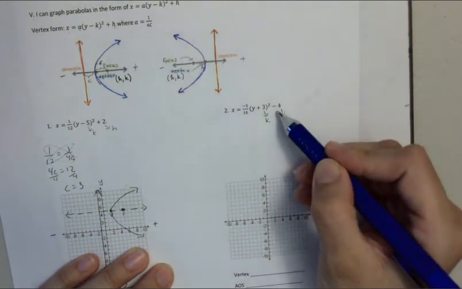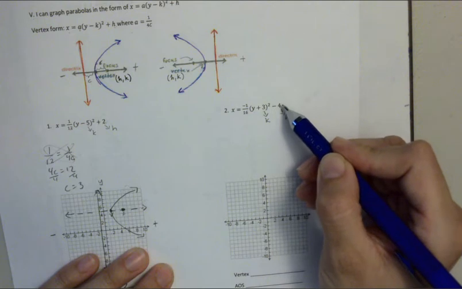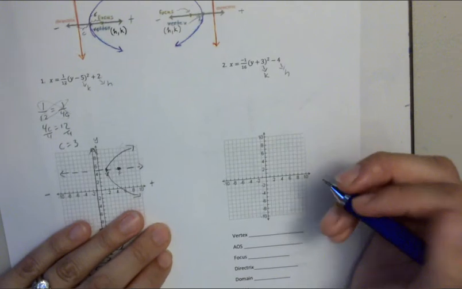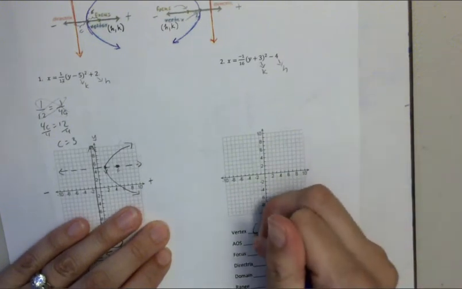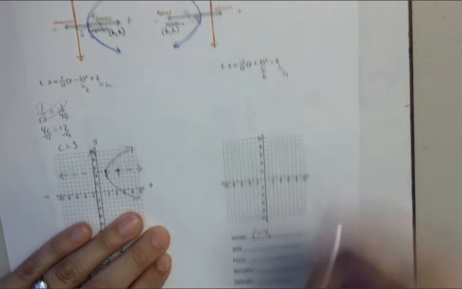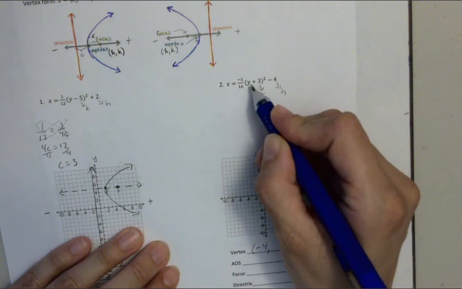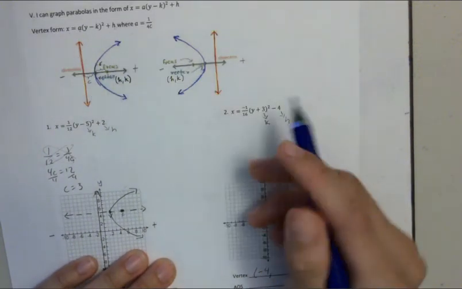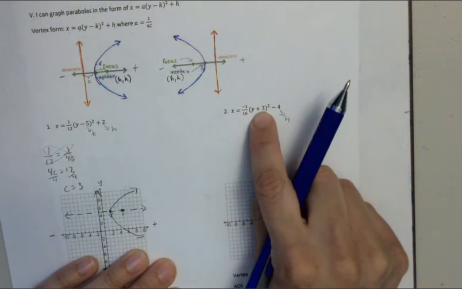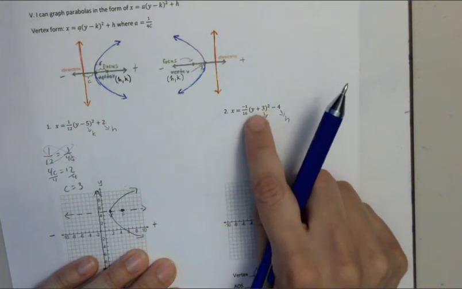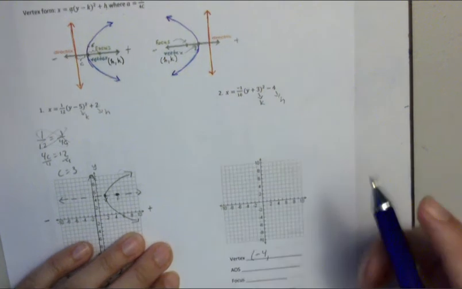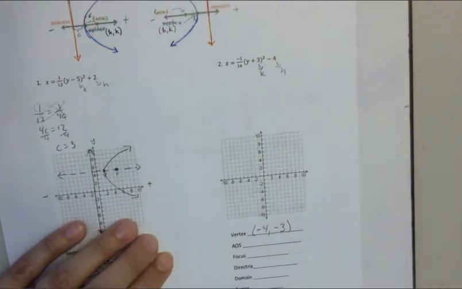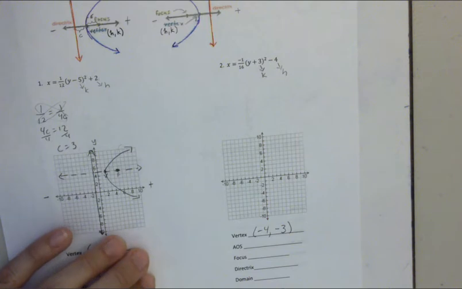Well, since this is a minus 4, this is like saying plus a negative 4, which means h is negative, so it's negative 4. And then here, k, since it's y plus 3, and we know the general equation is y minus k, that means in order for that to be plus, it has to be a minus 3. So it's y minus a negative 3. So I get negative 4, negative 3.